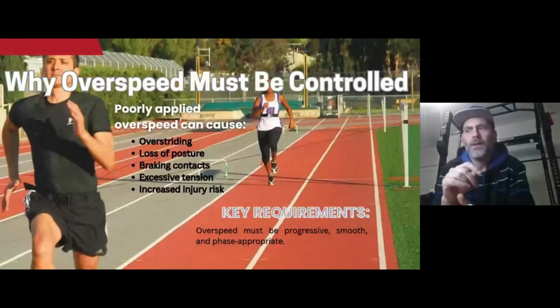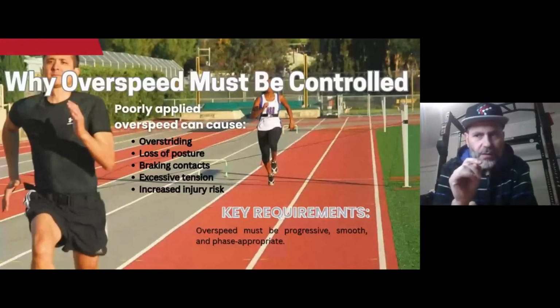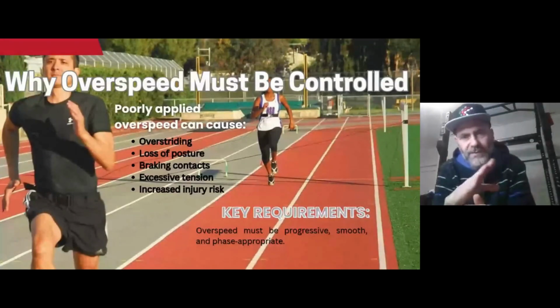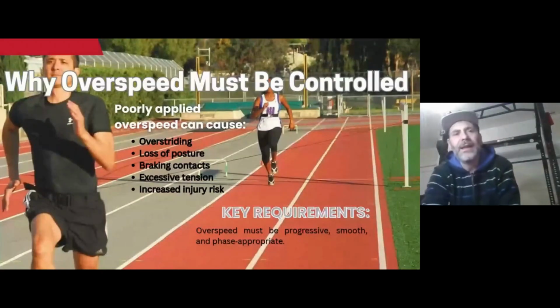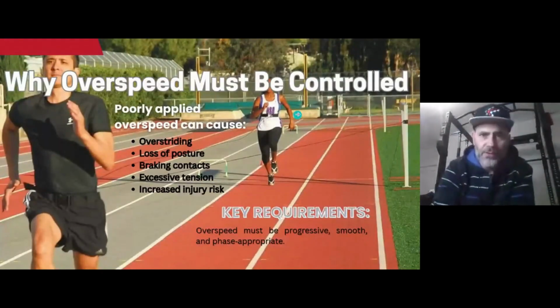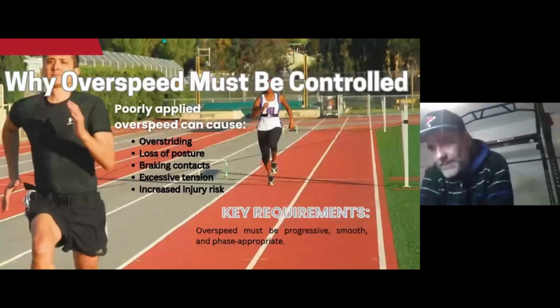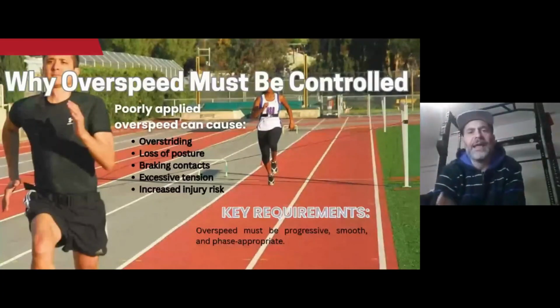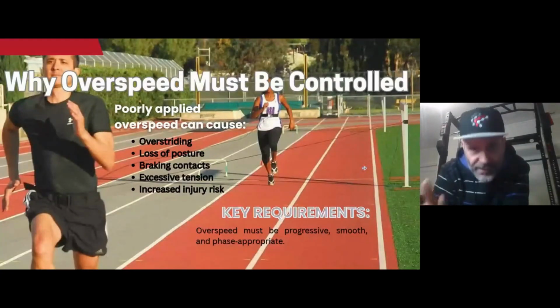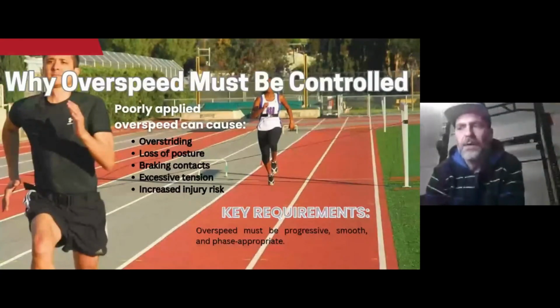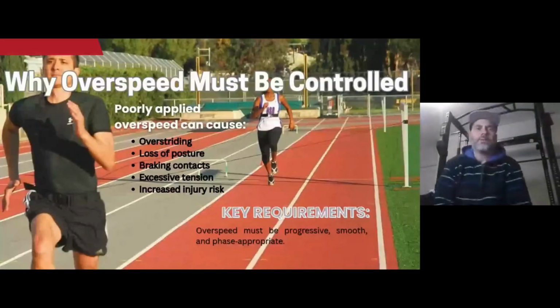The key is controlled, progressive exposure. Assistance also must be introduced only when the athlete is, from a technical point of view, mechanically stable and able to maintain technical integrity. So the key requirements of overspeed are that it must be progressive, smooth, and phase appropriate.